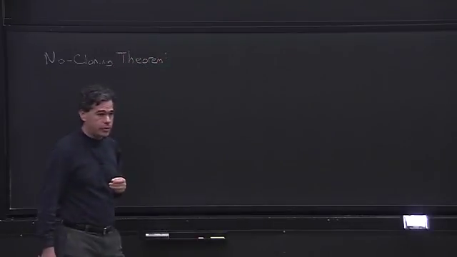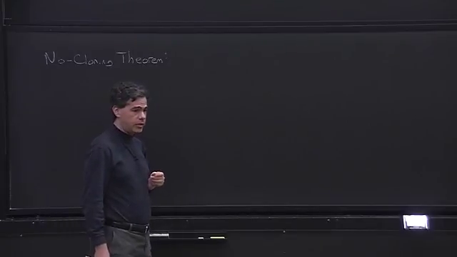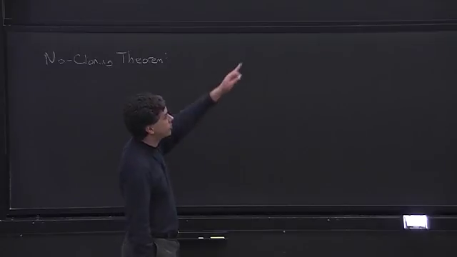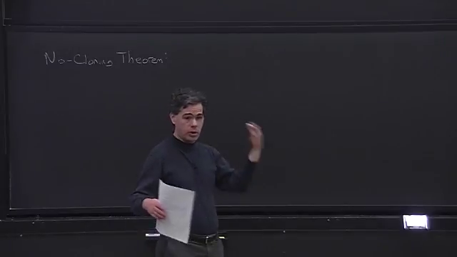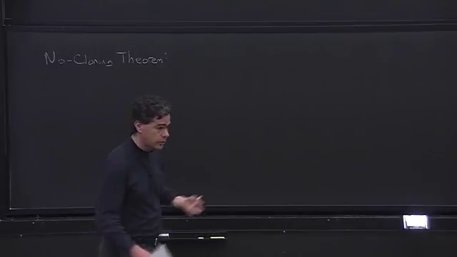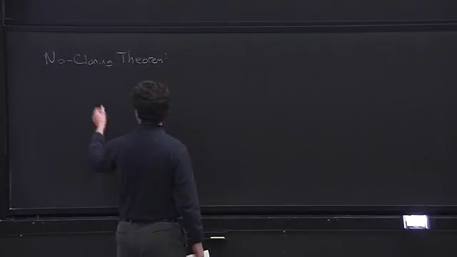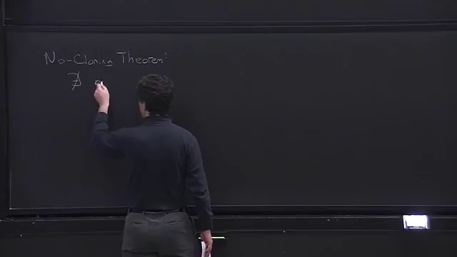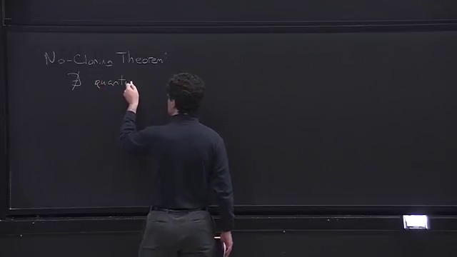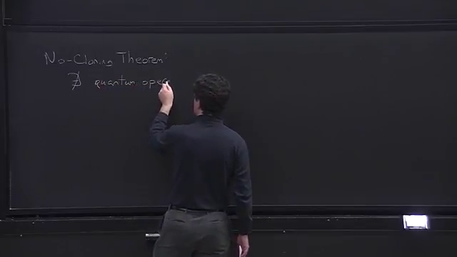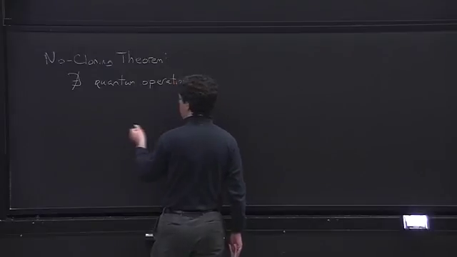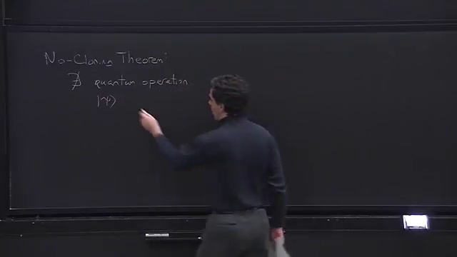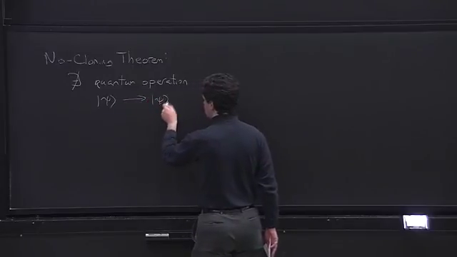So the no cloning theorem says that there is no quantum device, and I'm not restricting just to unitary maps, I'm also talking about arbitrary completely positive trace-preserving maps, general superoperators. There doesn't exist any quantum operation that takes some arbitrary state psi and maps it to two copies of psi.